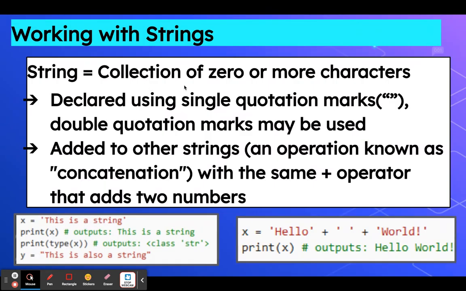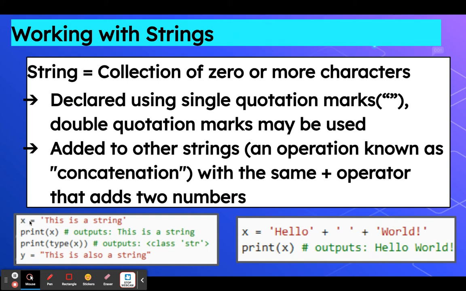Working with strings: a string is a collection of zero or more characters declared using single quote marks. Double quote marks may also be used. You can add strings to other strings with the same plus operator that adds two numbers.